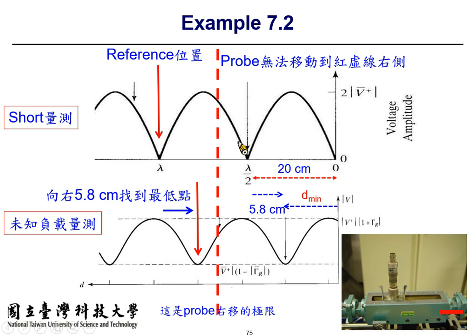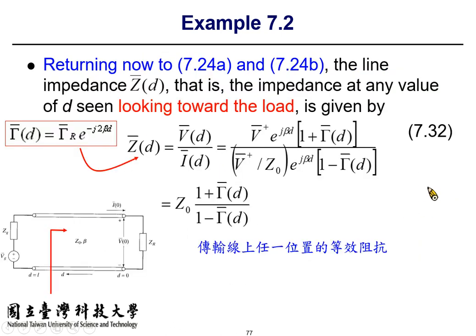You cannot get the D minimum directly, but you can find it indirectly using a reference point. For example, the reference point is found with a short termination measurement.